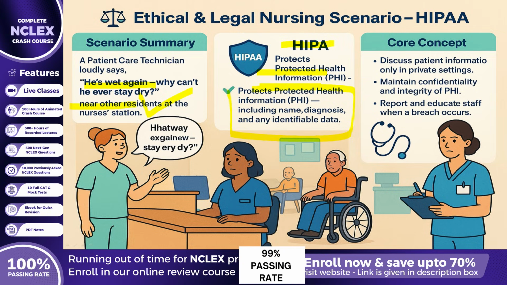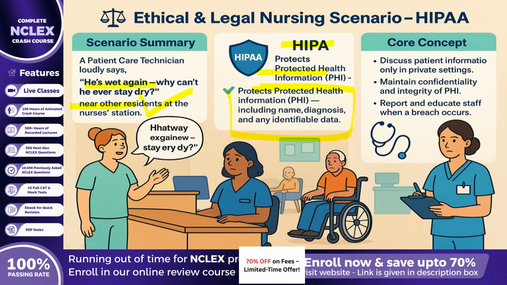To begin with, PHI includes any data that can identify a client, such as their name, address, birth date, medical record number, diagnosis, or even verbal statements about their health. In this case, by publicly announcing the client's incontinence in a shared environment, the PCT disclosed sensitive personal information without consent, violating both legal and ethical nursing standards.